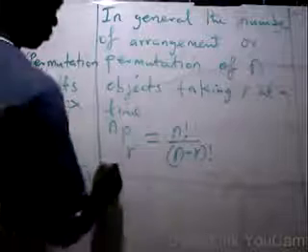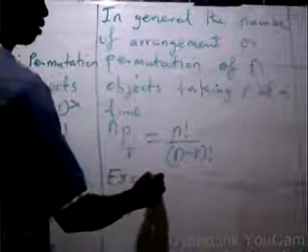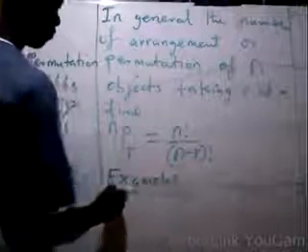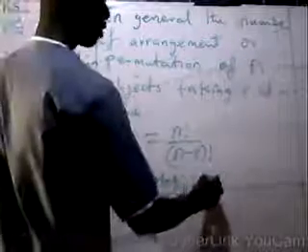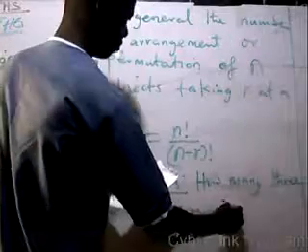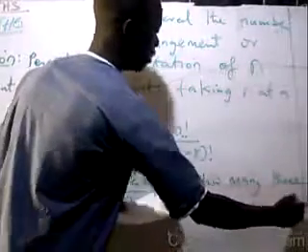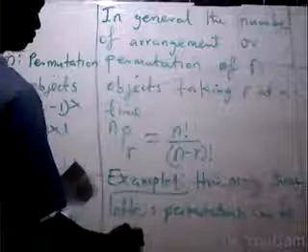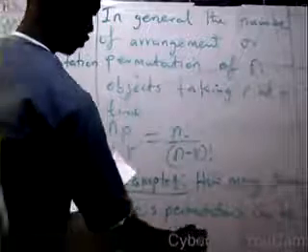Example 1. How many 3 letter permutations can be made from 8 different letters?